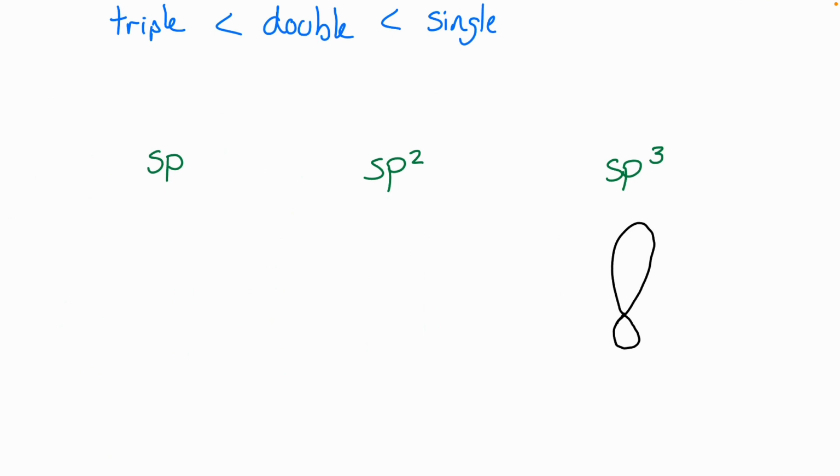But the sp3 hybridized orbitals are just larger than the sp2, and then the smallest, the little guy, are sp hybridized orbitals. And of course, it's the overlap of these orbitals that are forming that shared pair of electrons in that covalent bond. So the bottom line is that sp hybridized atoms, they hold their electrons closer, and so their bonds are going to be shorter than sp2, and then the longest being sp3 hybridized orbitals.